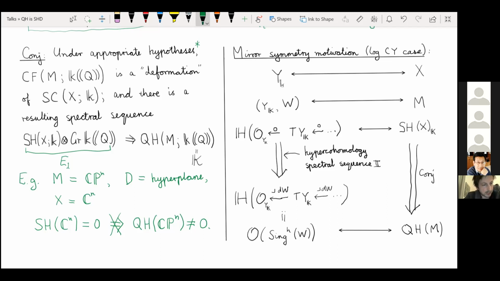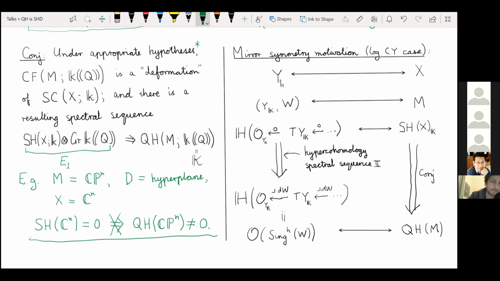Because in that case, the symplectic cohomology of X vanishes, and you can't have a spectral sequence whose E1 page is 0 converging to the quantum cohomology of projective space, which is non-zero.